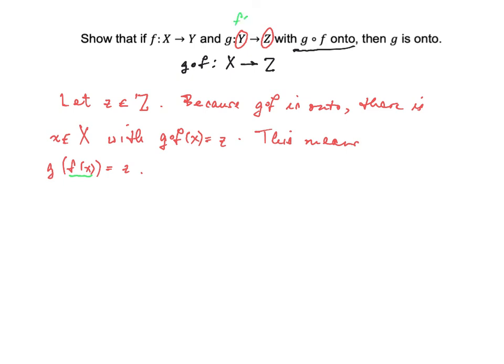So f of x lives here in Y. So, but f of x is an element of Y. So there is a y in capital Y with g of y equaling z.